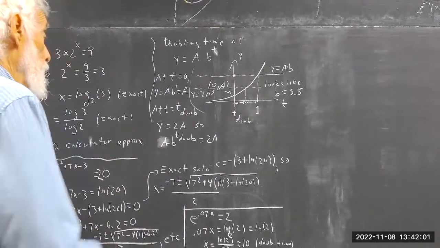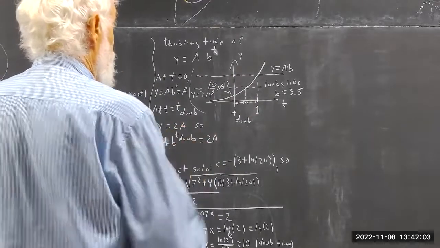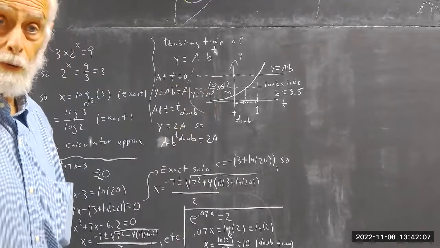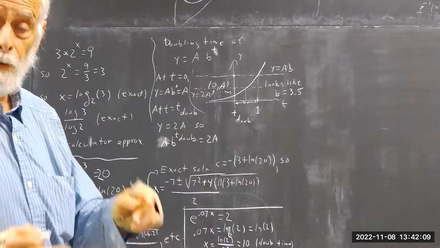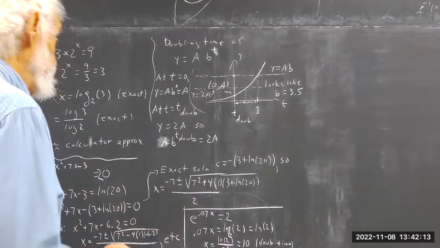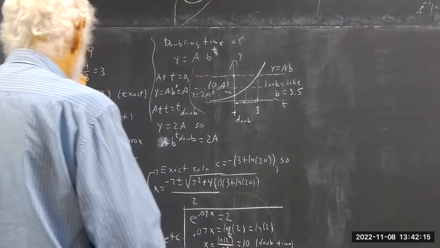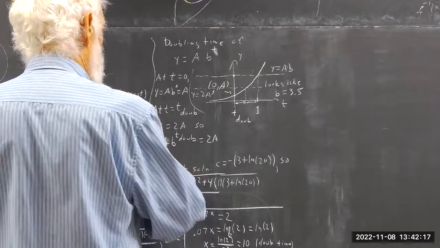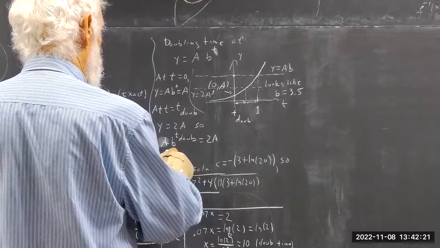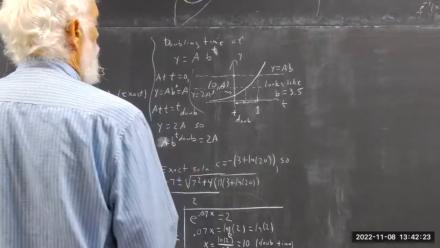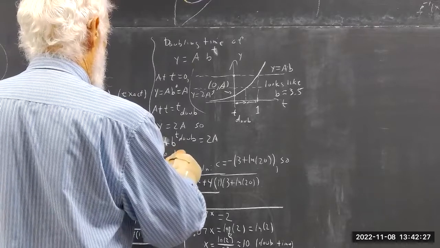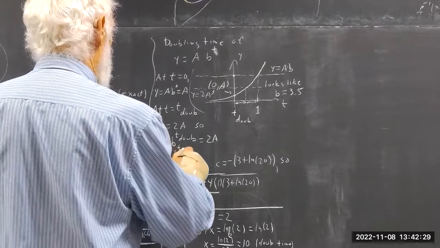So we solve the equation ab to the t dub equals 2a. You want to try to think how this relates to the picture, because the picture helps you understand what equation to write. So what's b to the t dub?